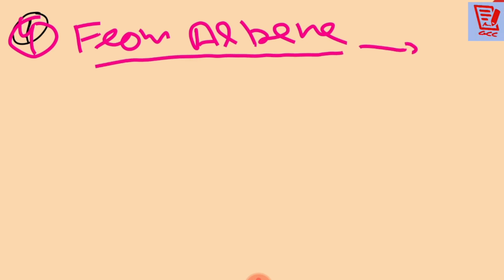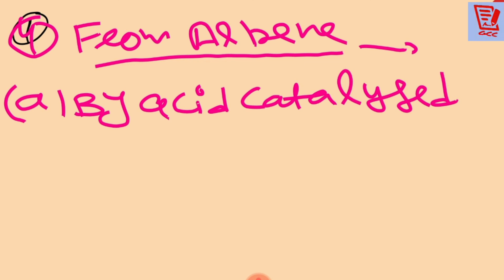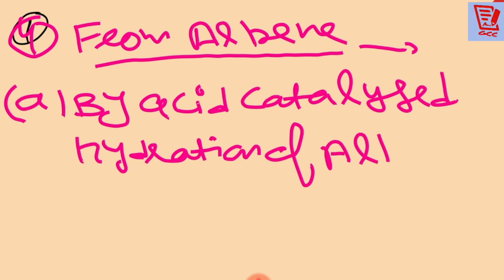So students, whenever we are going to do it from the alkene, it has a few parts. Number 1, A part is by acid catalyzed hydration of alkenes.